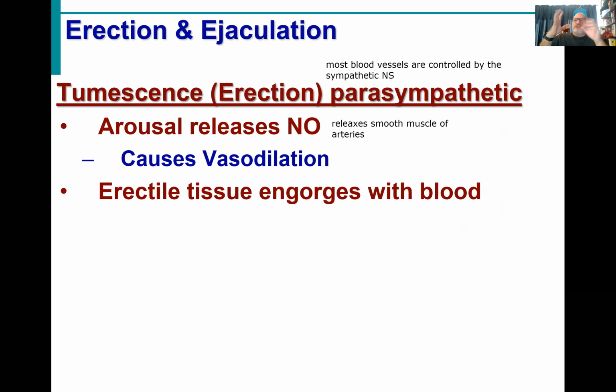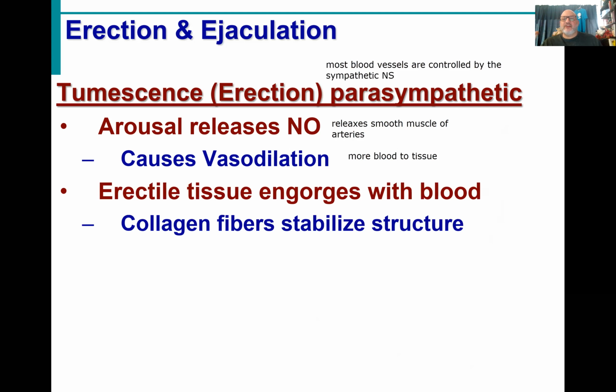That vasodilation brings more blood to the erectile tissue, and it engorges with blood, causing it to swell. However, not only does it swell, but it becomes rigid because it pushes against those collagen fibers that stabilize the structure and cause it to become turgid or rigid.